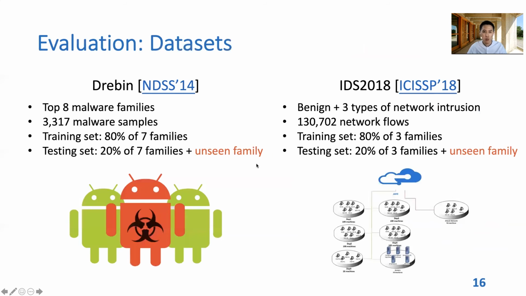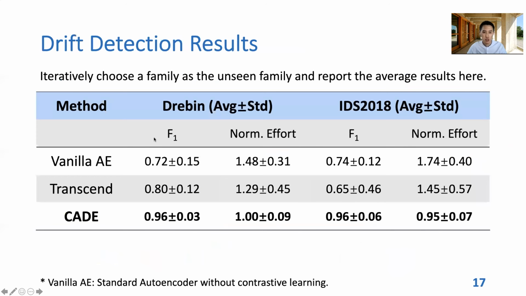We evaluate CADE on two datasets. The first one is called Drebin, a very popular Android malware dataset. We put the unseen family in the testing set only. Another dataset is a network intrusion dataset called IDS. We have a similar setting. For the detection, we compare CADE with two baselines.